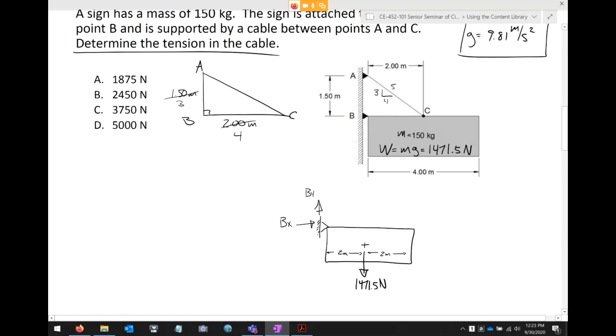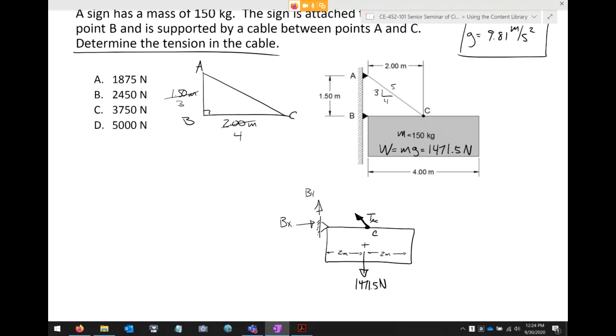And now right here, this is point C. That's point C. Okay. So I propose that point C, that's where the cable goes. That's where the cable interacts. At point C, there's a tensile force pulling at an angle right here. And so we'll call this the tension in AC. And so let's just think about this analytically.